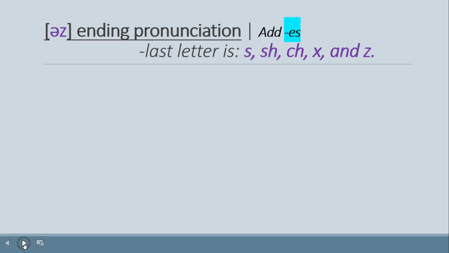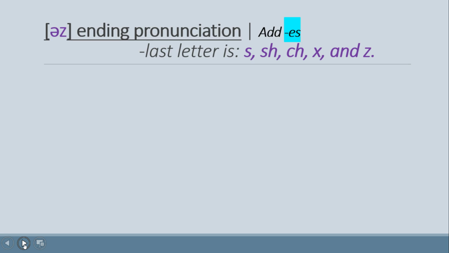These words that we will explain will not be pronounced as S or Z. They will have this schwa inserted and accompanied by a Z sound. So we get əz, okay? That's the first thing. The second thing is, instead of just putting S at the end of the word, we'll actually add ES, okay?